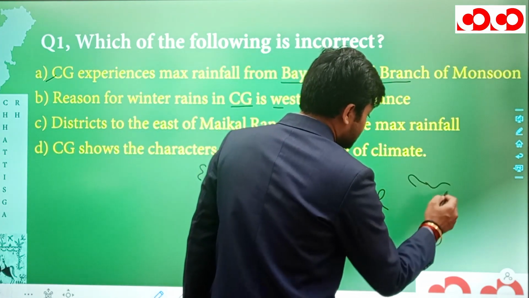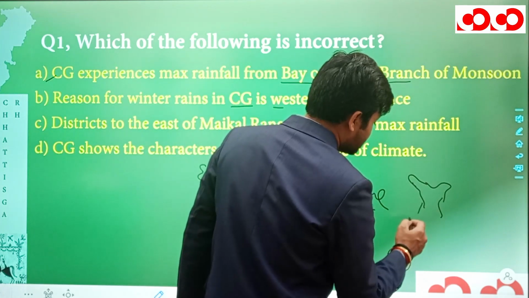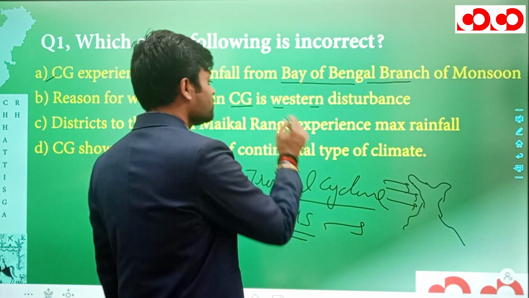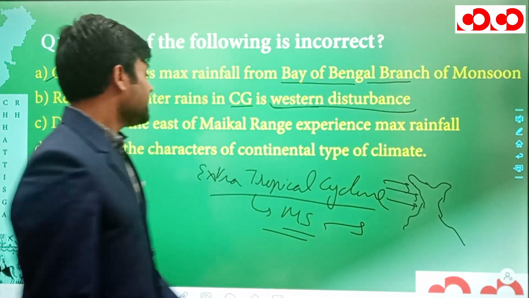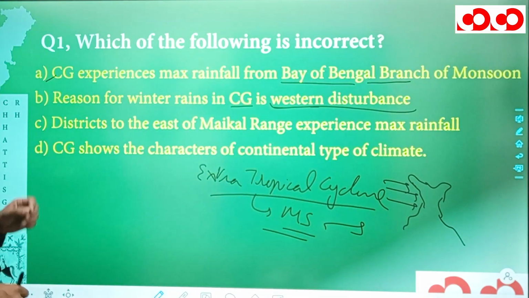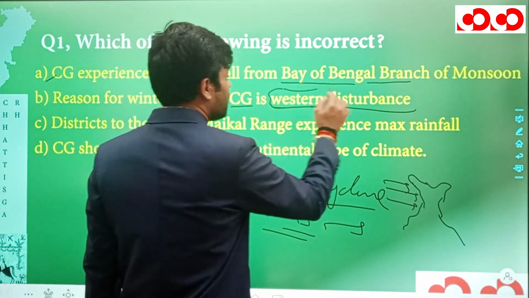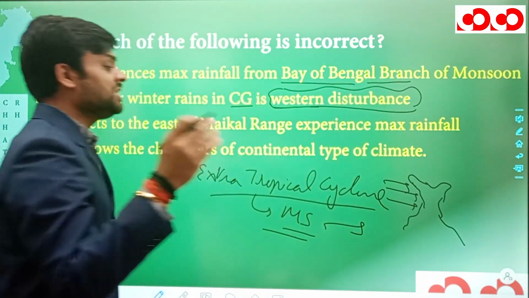Since this actually disturbs the wintertime climate of India coming from the western side, hence is known as what? Western disturbance.